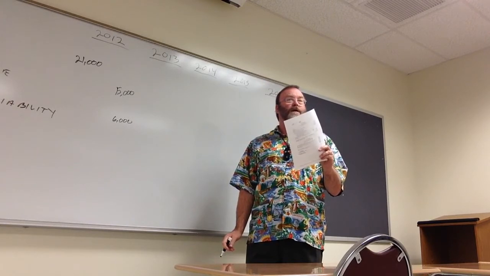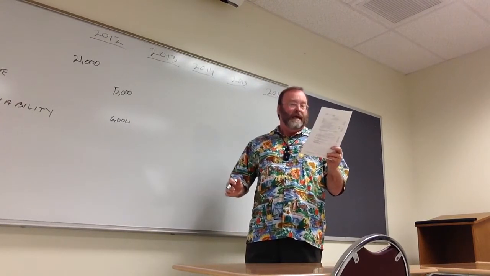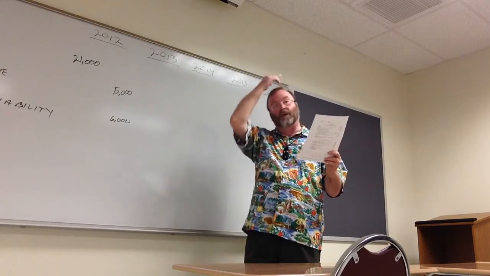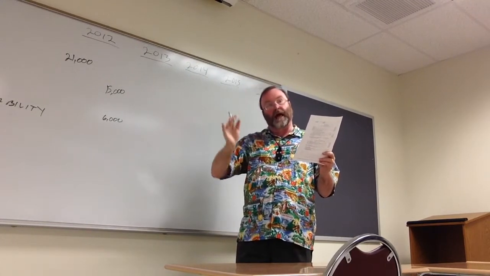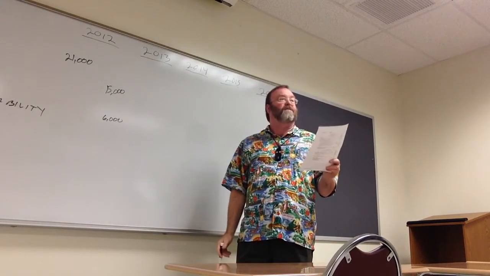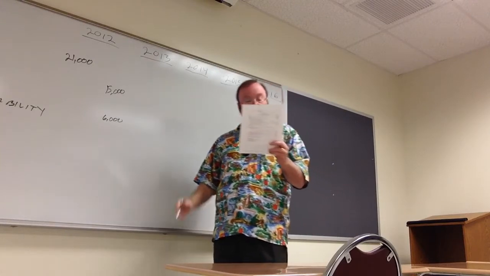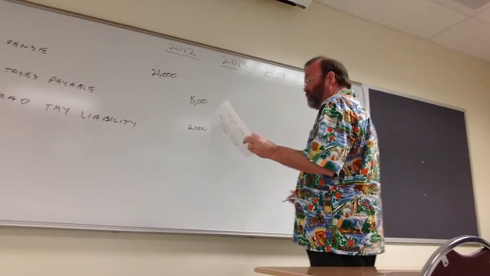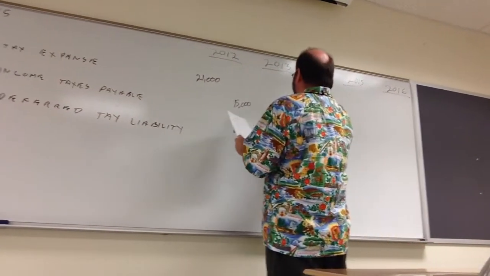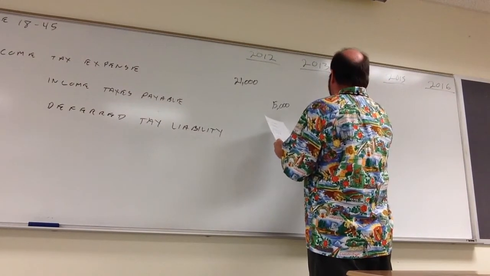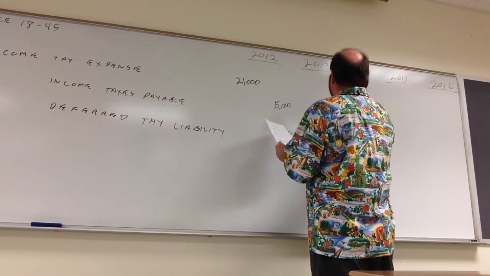Before I move on. So the second year, it tells us that taxable income in that second column there is now $75,000. 75,000 times 30% is 22,500.